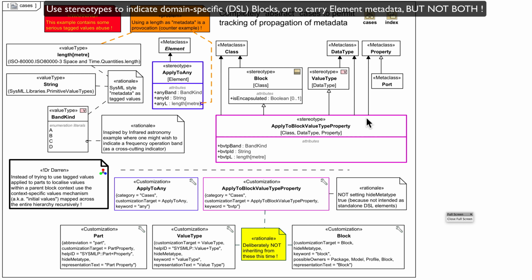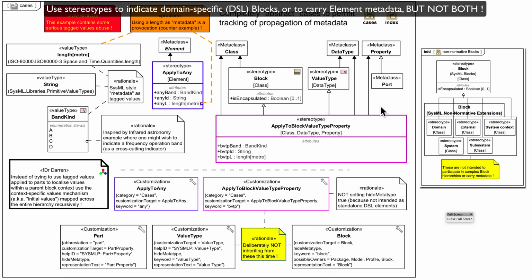The reason I think people try to do this and then tack on metadata is they've seen those non-normative stereotypes: domain, system, subsystem, external, and so on. However, those are not really intended to carry metadata and be applied to a hierarchy.